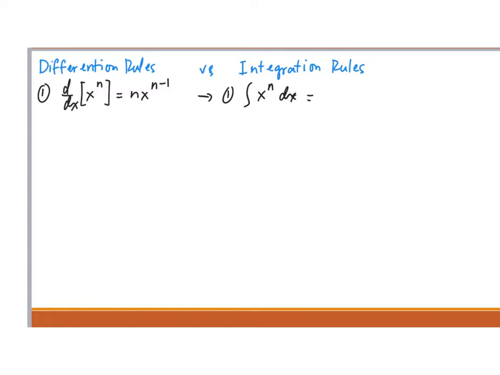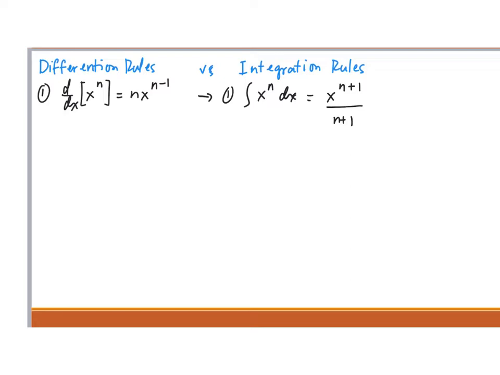So instead of n minus 1, the opposite process will be n plus 1, and instead of multiplying by n, it will be dividing by n. So the integral of x to the power of n with respect to x will then be x to the power of n plus 1 divided by n plus 1.